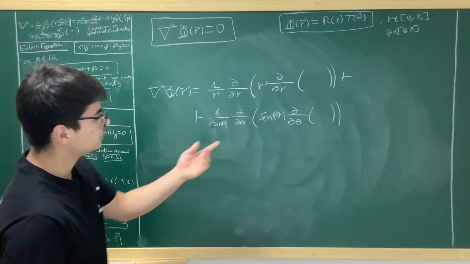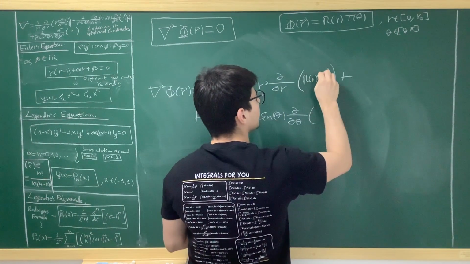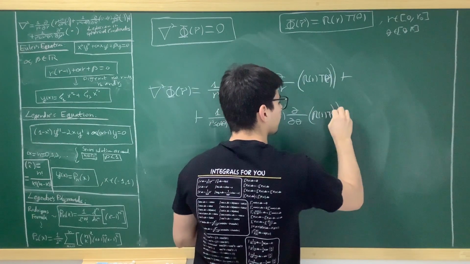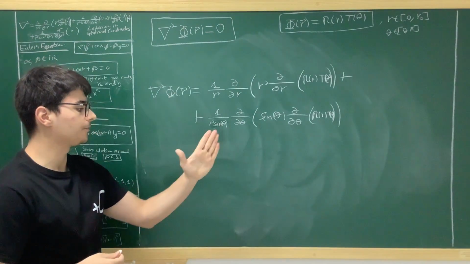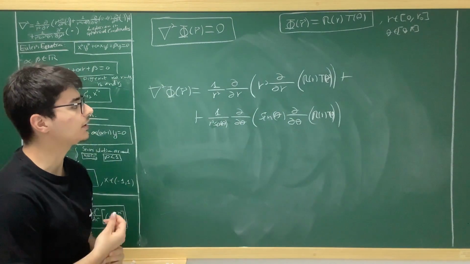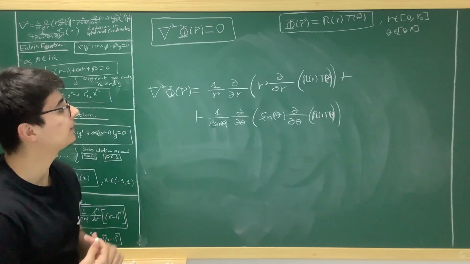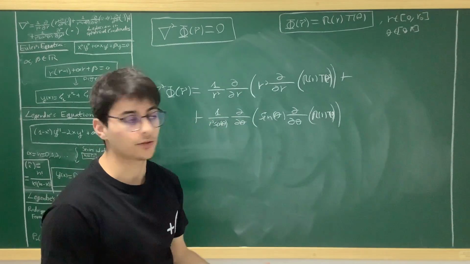And let's just plug in our function, and our function is R times T. Now, partial derivatives act only on functions which depend explicitly on the variable we're taking the derivative with respect to.